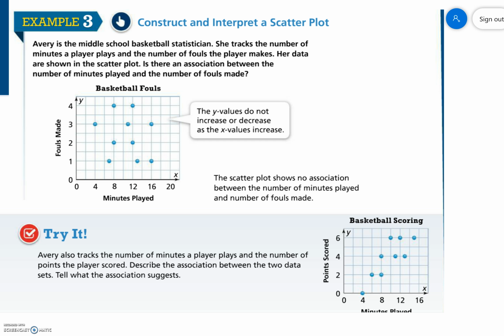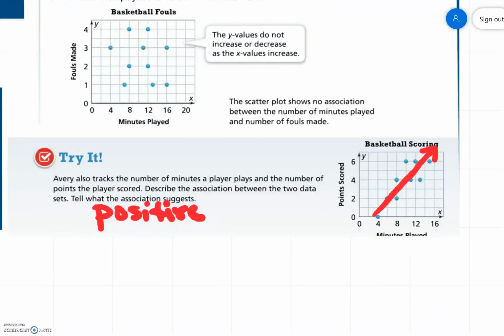Avery also tracks the number of minutes a player plays and the number of points a player scored. Describe the association between the two data sets. Tell what the association suggests. We can see as we go left to right, if I drew a line like that, all the points are generally around that line. So that is a positive association because as we read left to right, it goes upward.